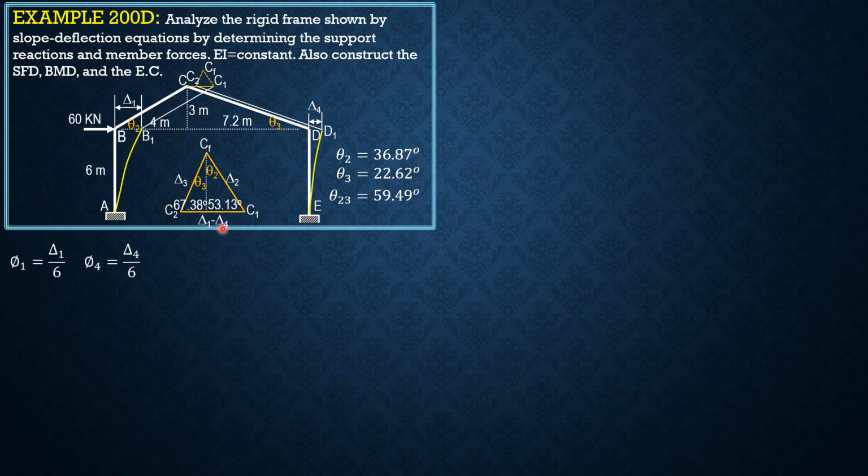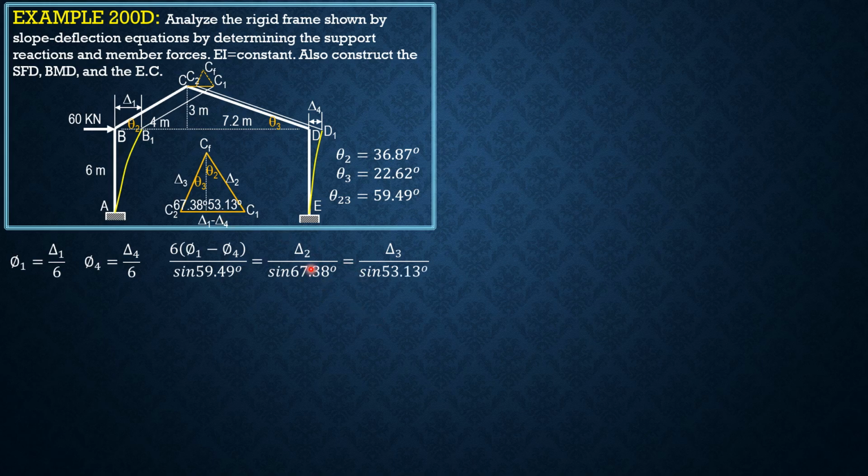Therefore, delta 1 minus delta 4 is 6 times quantity P1 minus P4, as to sine of, by sine law, delta 1 minus delta 4 as to sine of 59.49 degrees equals delta 2 as to sine 67.38 degrees equals delta 3 as to sine 53.13 degrees.